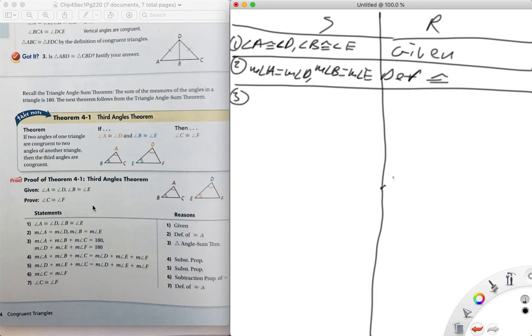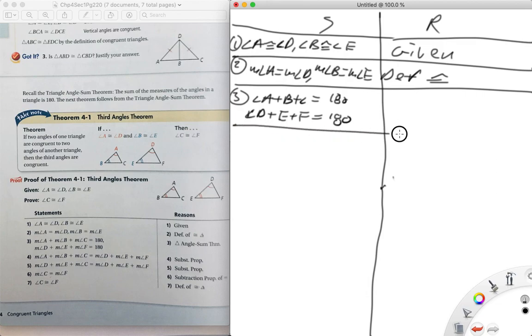Number three, we can say that, I'm not going to write the measure because it's not enough space, A plus B plus C equals 180, D plus E plus F equals 180.